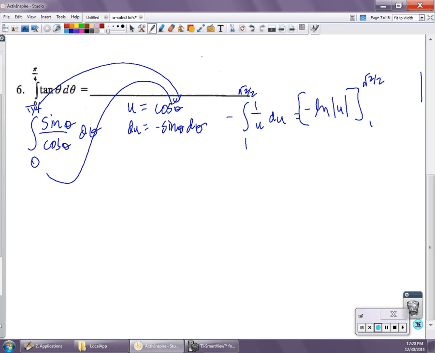So that'll give me negative ln of root 2 over 2 minus negative ln of 1. The ln of 1 is 0, so I get negative ln of root 2 over 2, which is the same thing as ln of 2 over root 2, because I can take the negative power back on here.